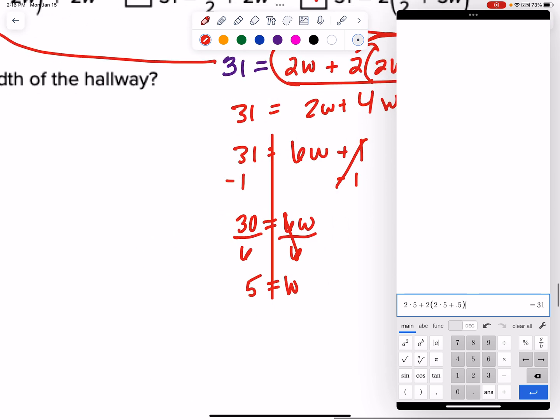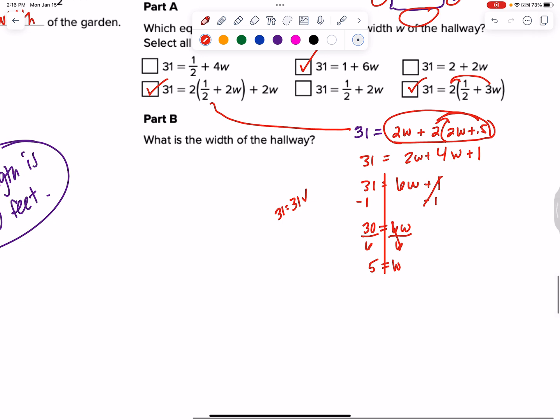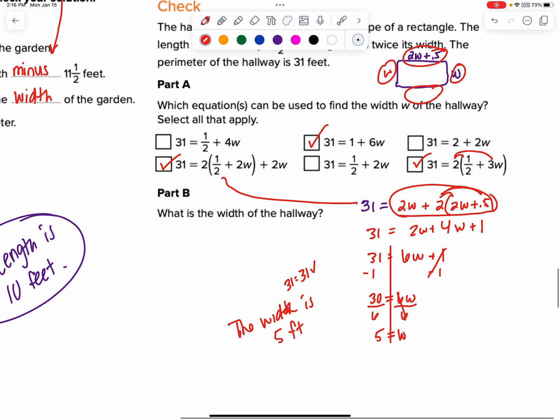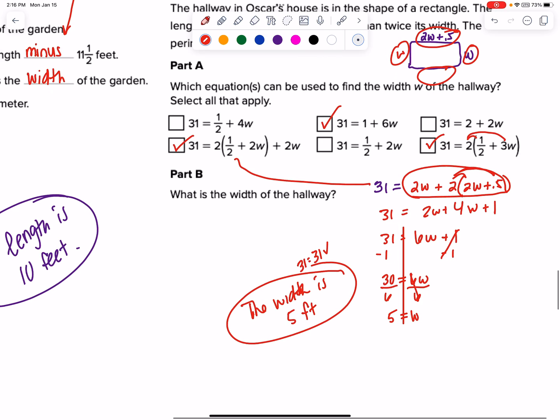Yep, we're good. So 31 equals 31. It's a good check. And what is the width of the hallway? The width is 5, is it feet? Yep, 5 feet. And there we go.